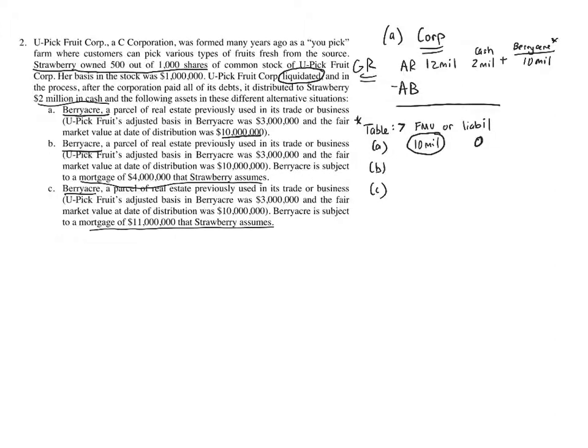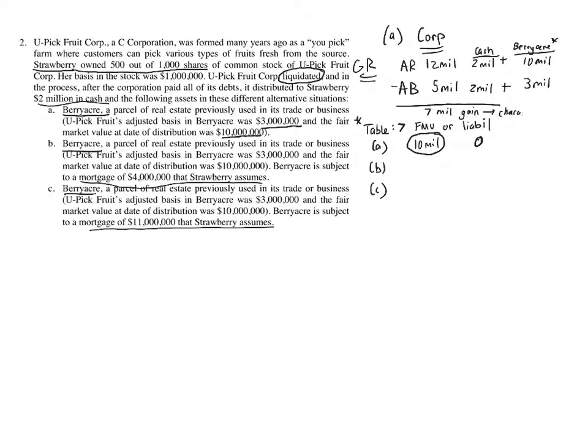Amount realized of the corp is $12 million. Minus the adjusted basis of property given up. What is UPIC giving up? It's giving up cash of $2 million, which is the basis, and the basis of Berryacre, which is $3 million. That gives us a, sorry, 5 million basis. $7 million gain.